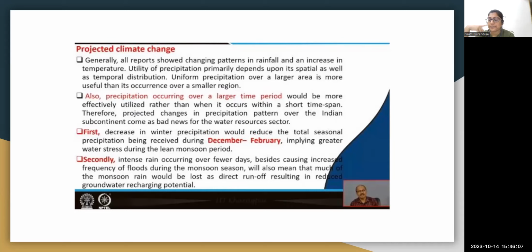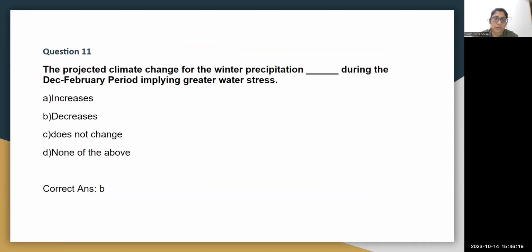In the coming centuries, precipitation is going to reduce, particularly during the December-February period, and this will bring about water stress. So the correct answer is option B, decreases. The projected winter precipitation in December-February is going to reduce, bringing about greater water stress.